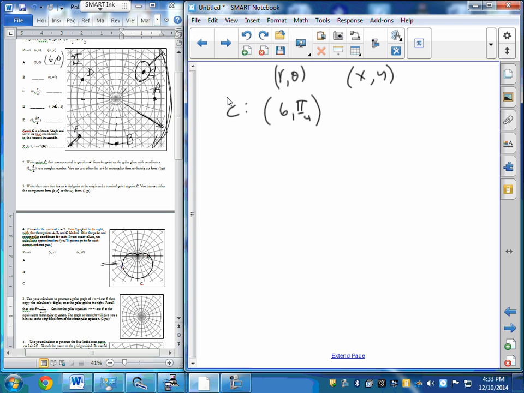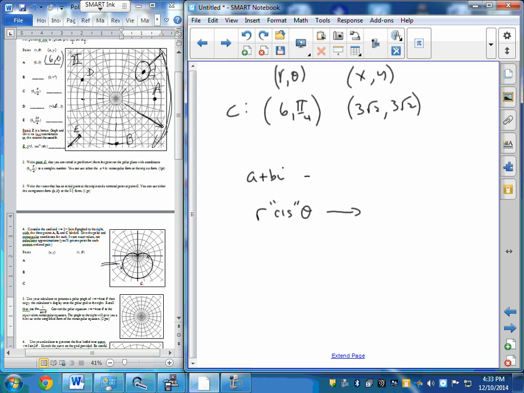And the xy's we calculated as 3 square roots of 2, 3 square roots of 2. And for problem number 2, it says you had to write that as a complex number. So either a plus bi, or in trig form as the r cis theta. That's our trig shorthand notation.